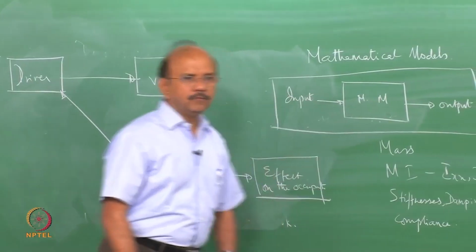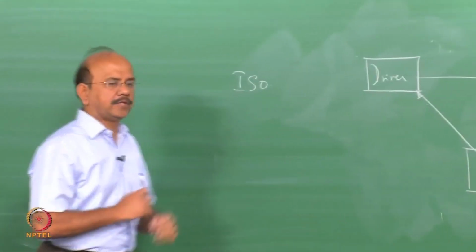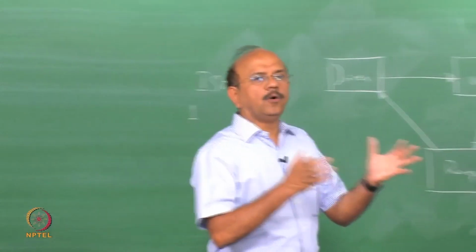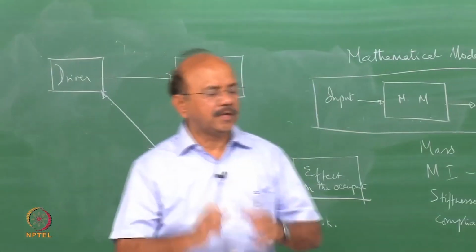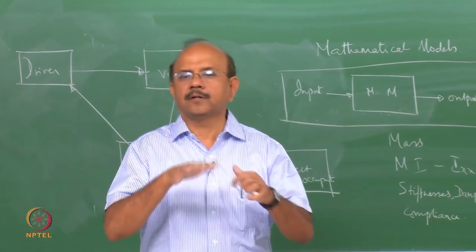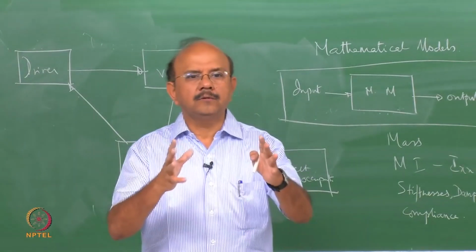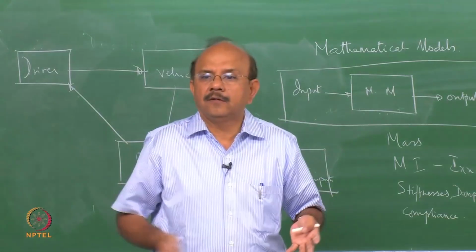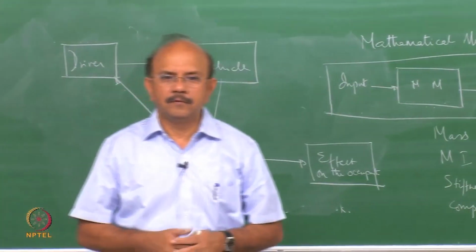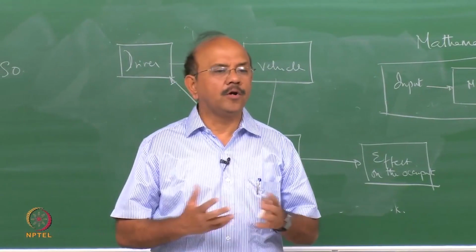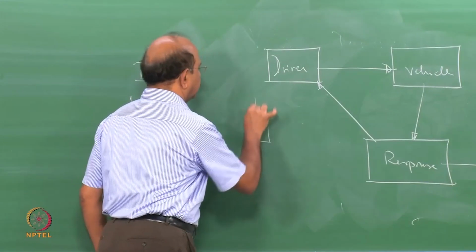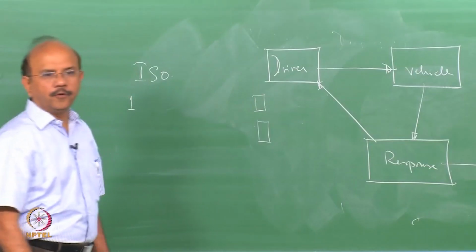So, when we come to the input part, we are going to talk about, say for example, you want to overtake a vehicle in the actual scenario. Suppose you are driving on a highway and you want to overtake a vehicle. Of course, I want to understand how my vehicle is going to behave. Suppose there is a vehicle before you.